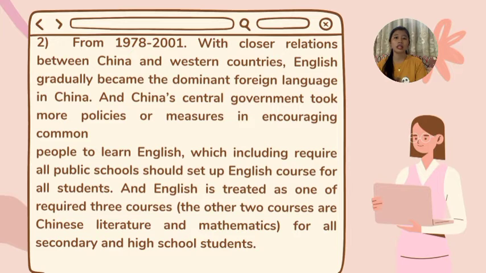English was treated as one of three required courses. The other two are Chinese literature and mathematics for all secondary and high school students.